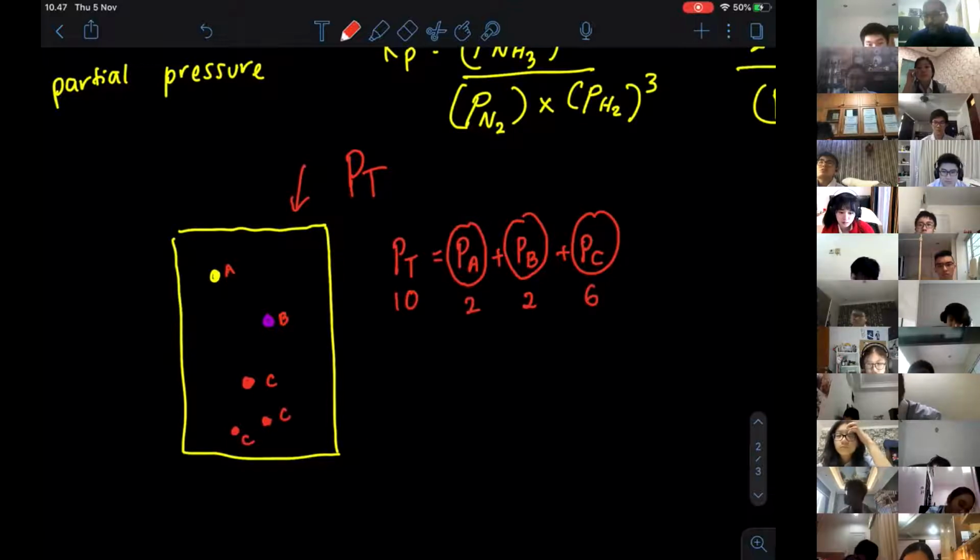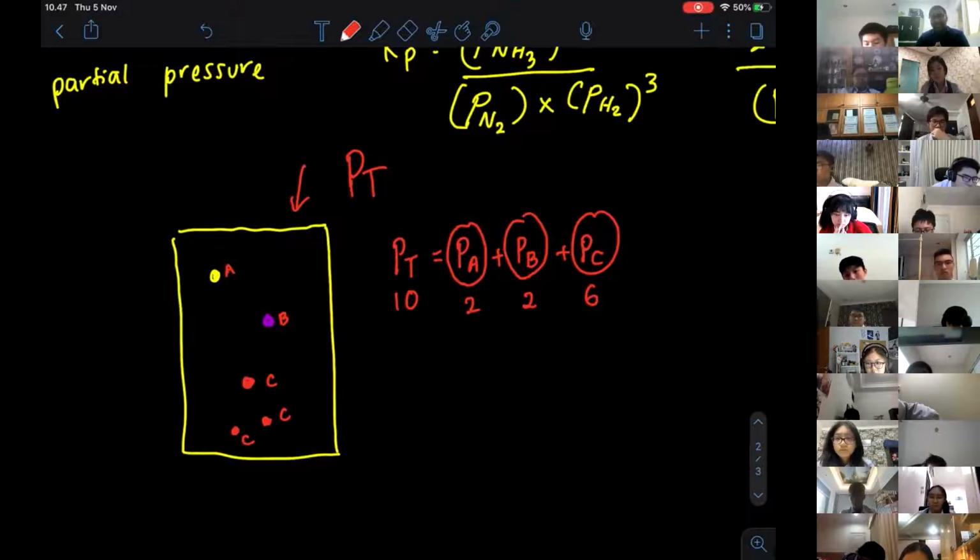It means the number of moles of C is more compared to the number of moles of A and B. Of course, if you have something that is more, it will have a bigger pressure. So if you look at it, now you can see they work according to the fraction.